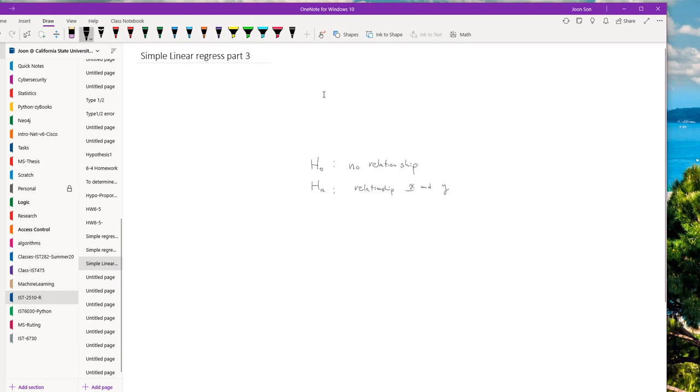So let's say we have a population, with population parameters.